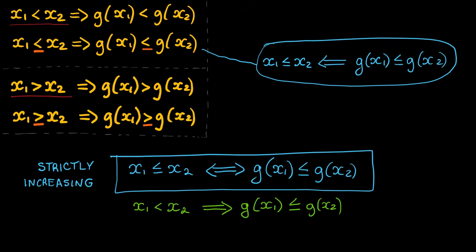So it's non-decreasing because it's weaker. We can pick x1 strictly less than x2, but g of x1 may equal g of x2. That's not allowed in a strictly increasing function.